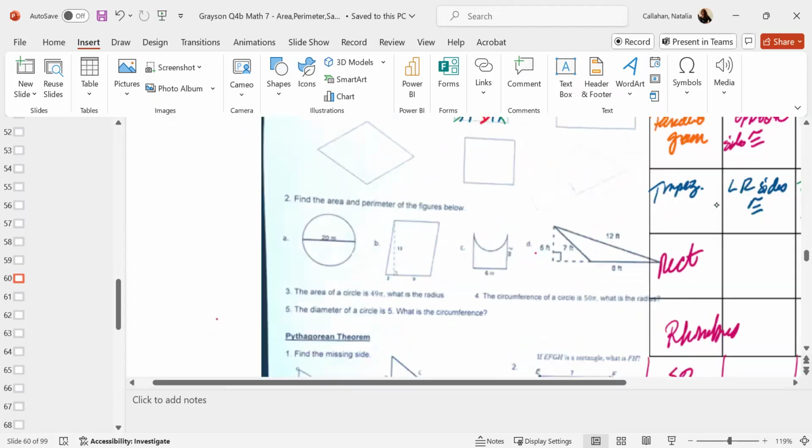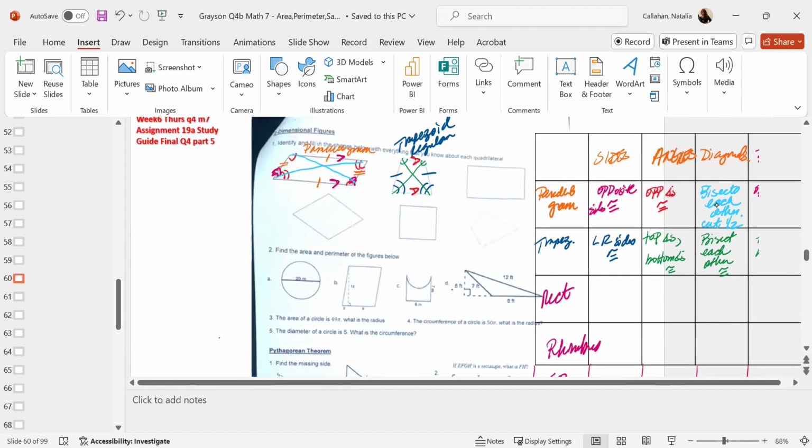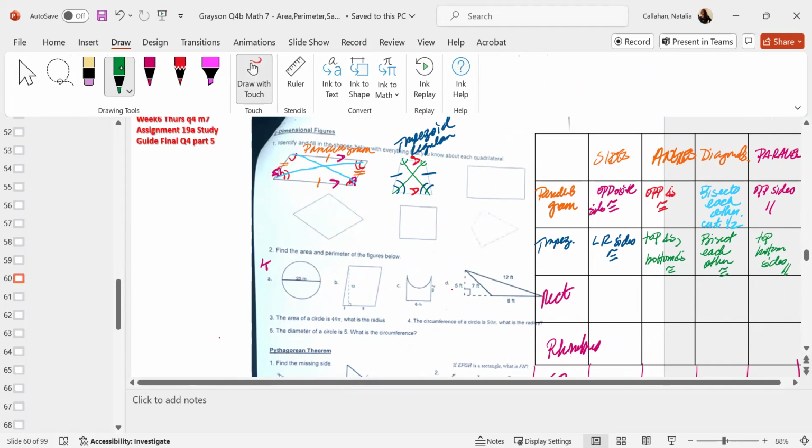Okay, next one, find the area and the perimeter of the figures below. So for A, this is a circle. Your area, as you know, is pi r squared. Perimeter is going to be pi times diameter, correct? What's given to you?